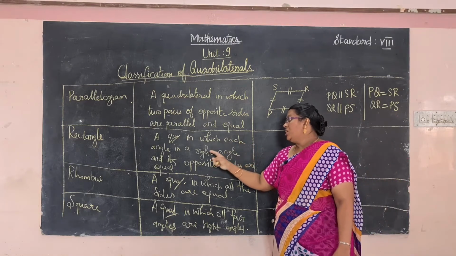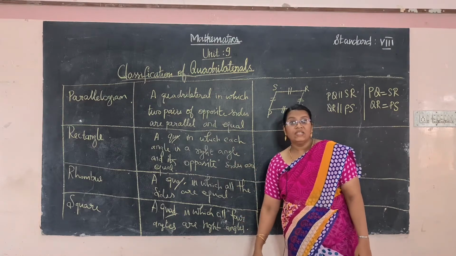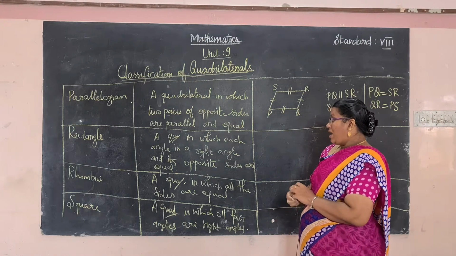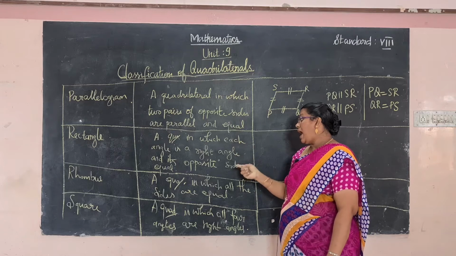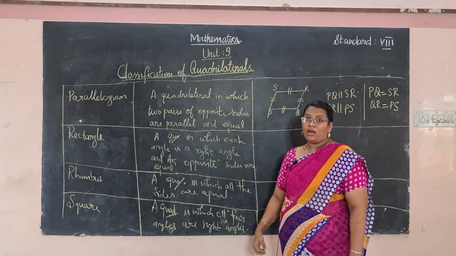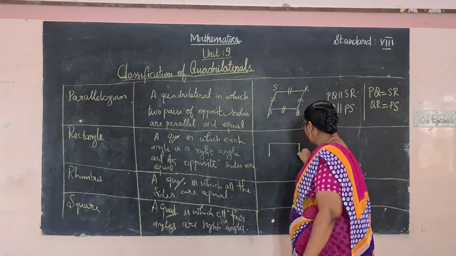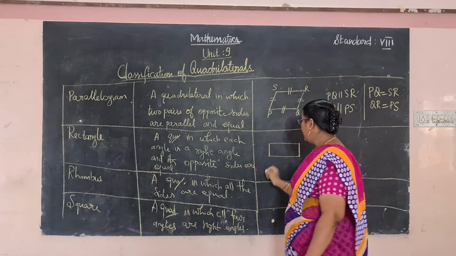And next one, rectangle. A rectangle is a quadrilateral in which each angle is a right angle, so right angle means 90 degrees, and its opposite sides are equal. How will you draw? This is a rectangle.